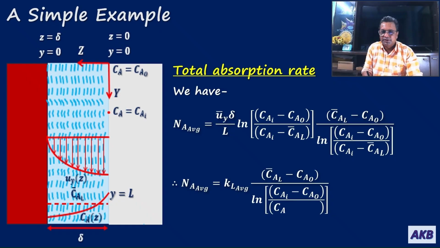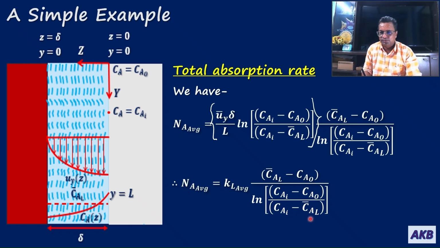Which group? This group is the average mass transfer coefficient. So that's why you get this equation: NA average is equal to KL average, the term in this bracket is KL average, into CAL bar minus CA naught divided by ln of CAI minus CA naught divided by CAI minus CAL bar.